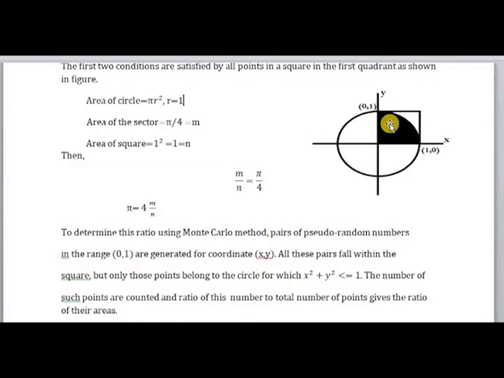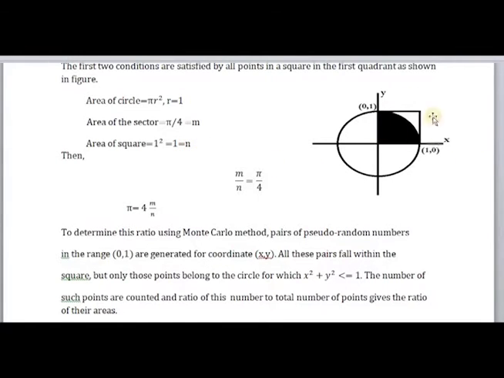If you're throwing n number of times, always it will be within the square. But the condition to be within the sector is what? x square plus y square should be less than or equal to 1. If that condition is satisfied, I can increase the value of m.